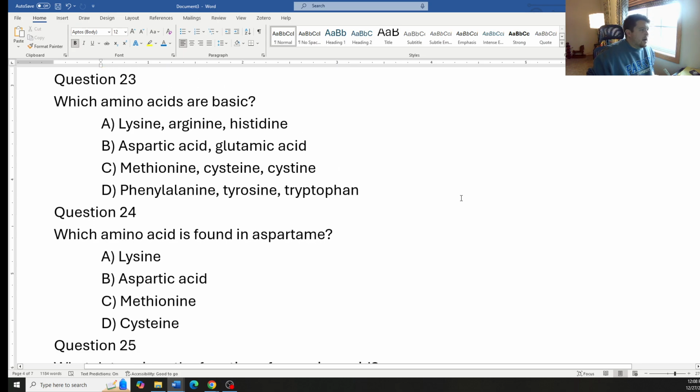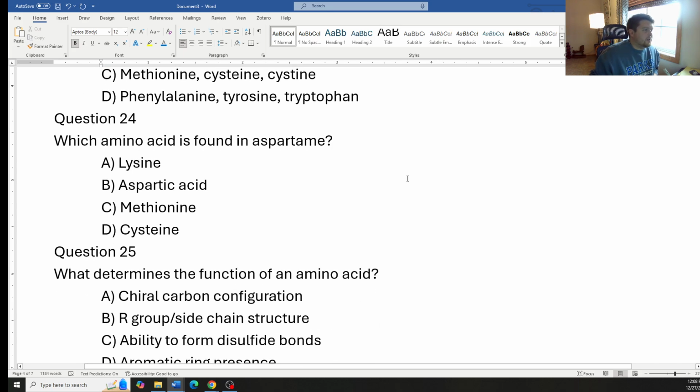Which amino acids are basic? Lysine, arginine, histidine; aspartic acid, glutamic acid; methionine, cysteine; phenylalanine, tyrosine, tryptophan. Our lysine, arginine, and histidine are our primary basic amino acids.